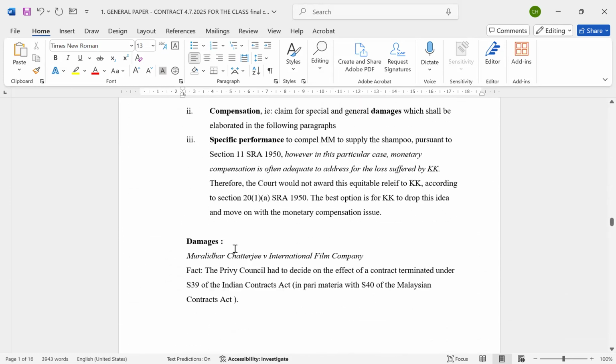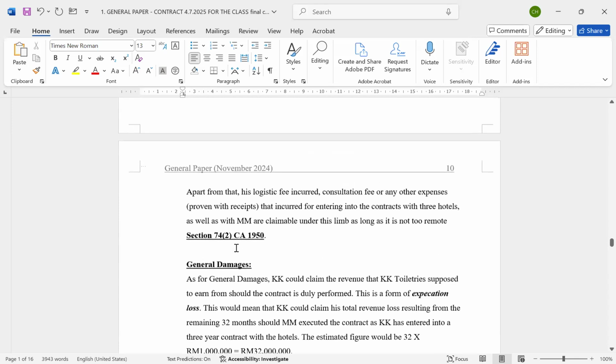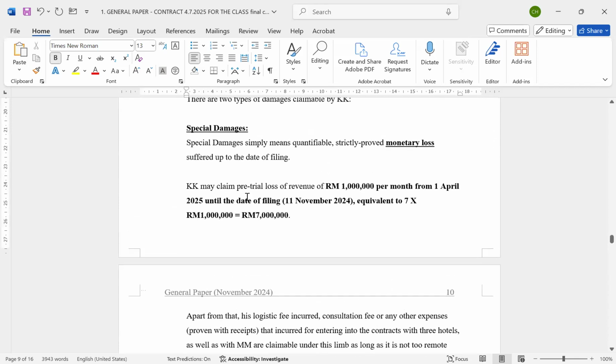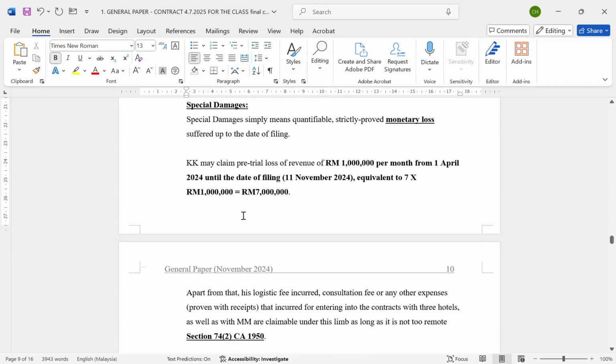There's a typo here. 1st of April 2024 until the date of filing. So you must demonstrate to the examiner that you are coming up with the figure: 7 months times 1 million equivalent to 7 million.